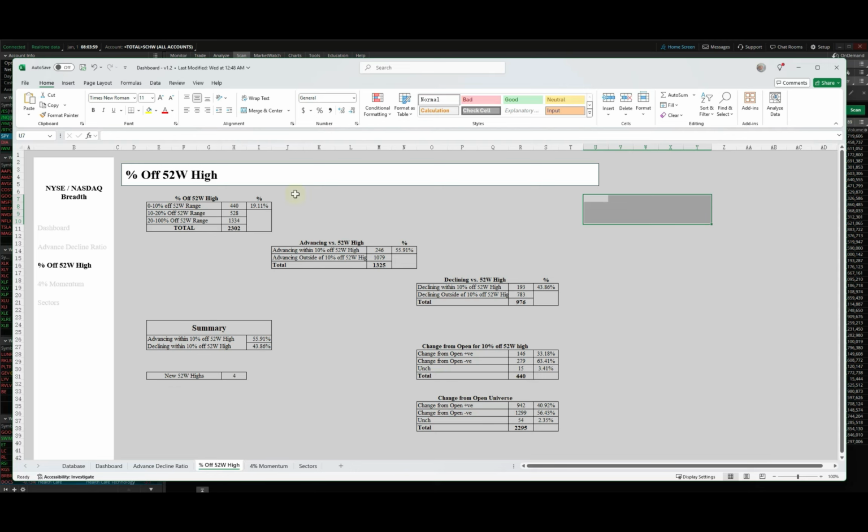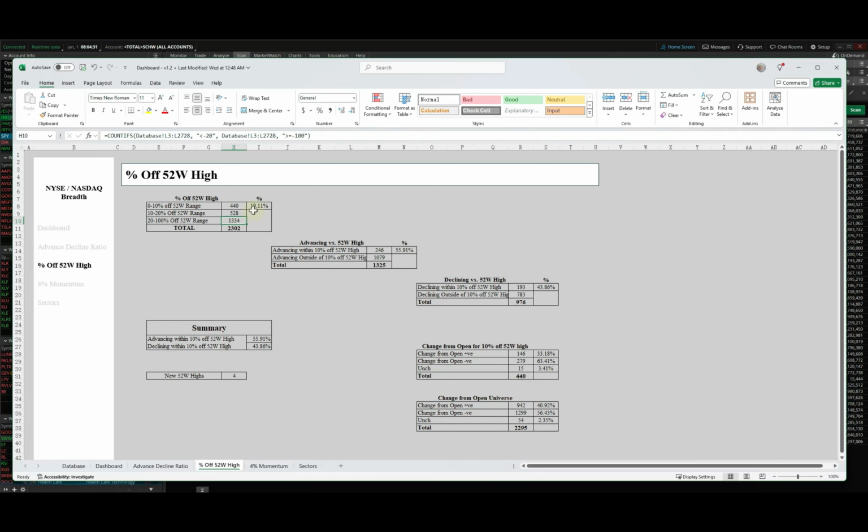So it means overall the market breadth is not very strong. 80% of stocks are below, and even you see 20% to 100%: if this is the 10%, and then this is the 10 to 20% range, and then below 20 to 100 means at the bottom. So in this range you see how big the number is. So it means the overall market breadth is not good.